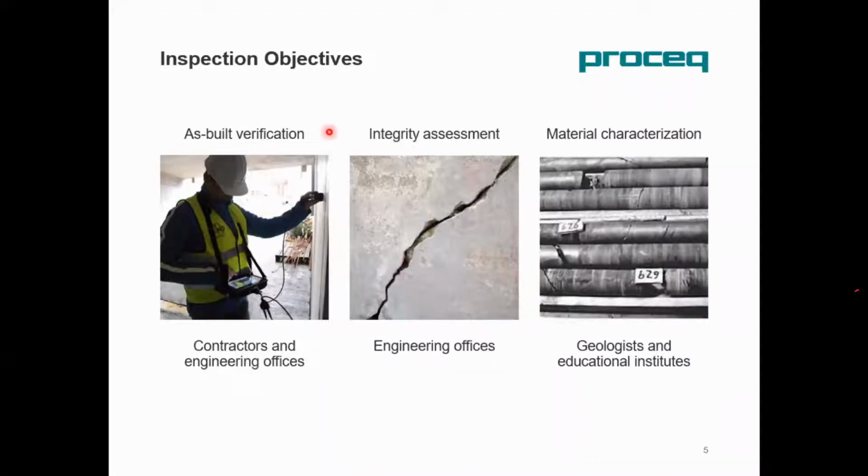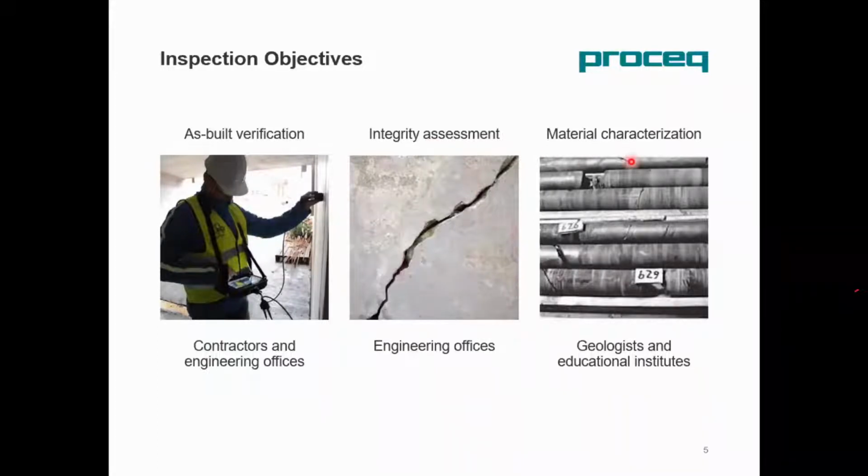Inspection objectives: where is UPV testing done and for what purpose? As-built verification, meaning that UPV testing is used to test new structures to check if they conform to the specifications. Integrity assessment: UPV is used to test the structural integrity of existing structures. This can be for renovation, routine maintenance, or preparation for building extension.